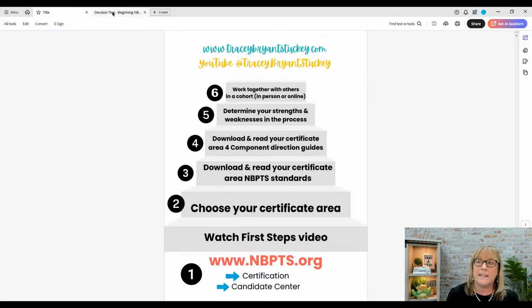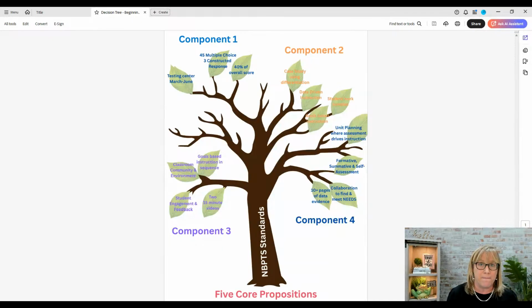So what are the decisions that you guys have to make? When I think about the National Board process from out of the starting gate, I think of it like a tree sprouting from seedlings to this beautiful blooming tree that's bearing fruit for us. Notice at the very bottom here, I've got the words 5 core propositions.